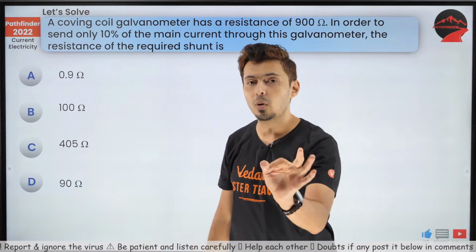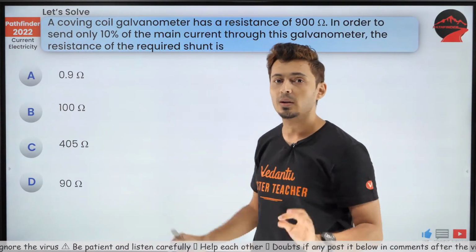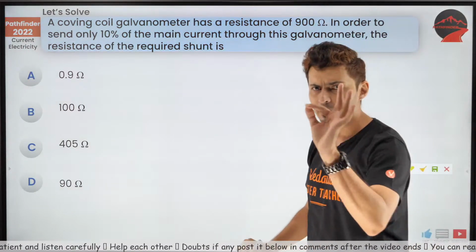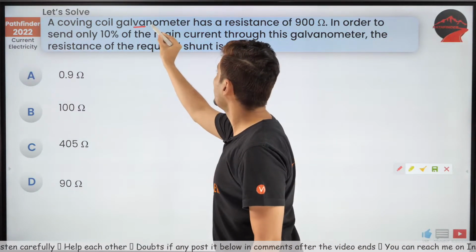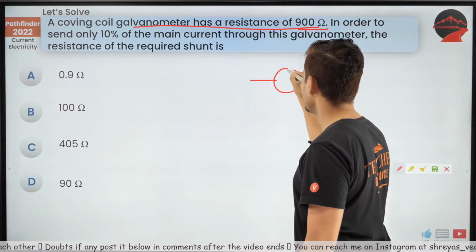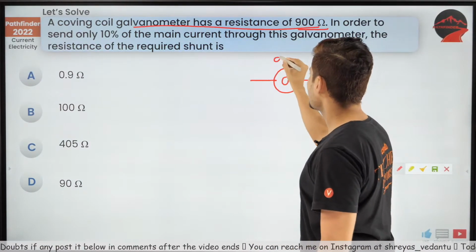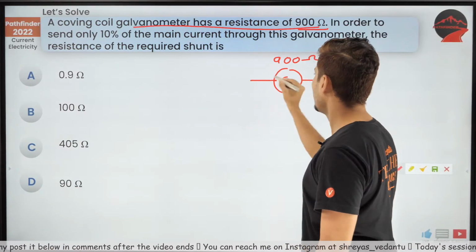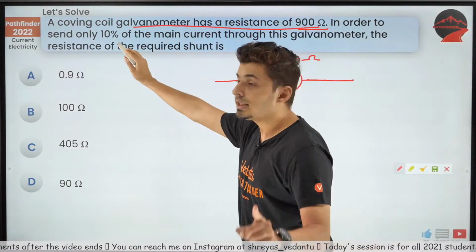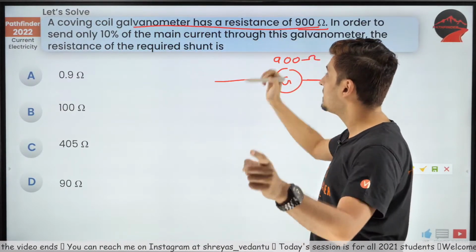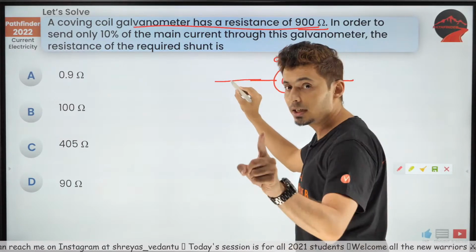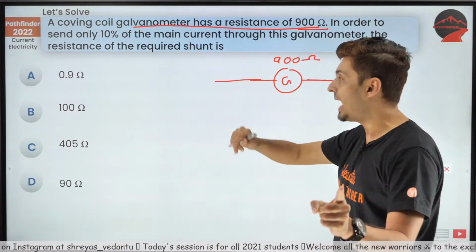See, only via problem solving you'll understand how to solve problems of ammeter and galvanometer. Let's go step by step. There is a galvanometer which has a resistance of 900 ohm. Now, in order to send only 10% of the main current, you connect a shunt resistance. Shunt means a resistance in parallel.